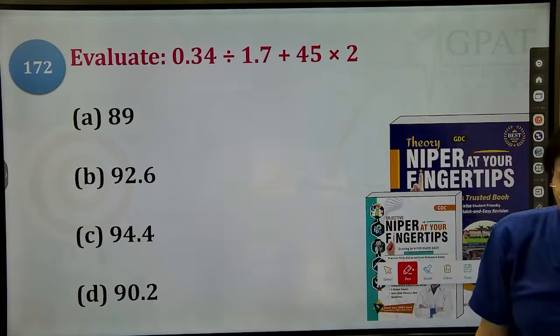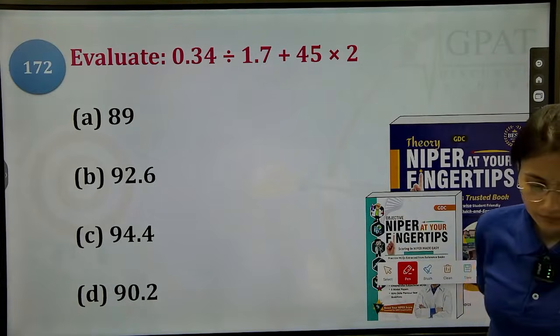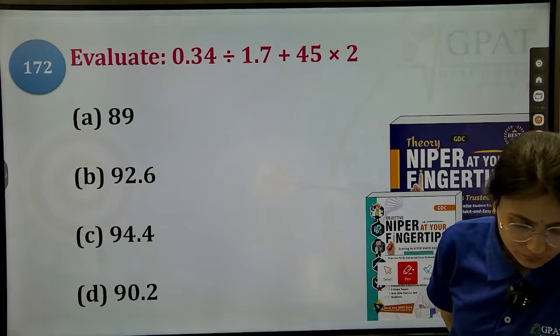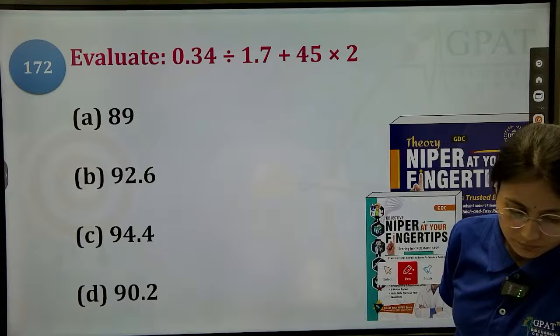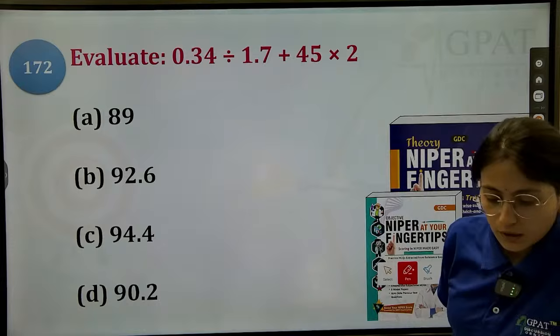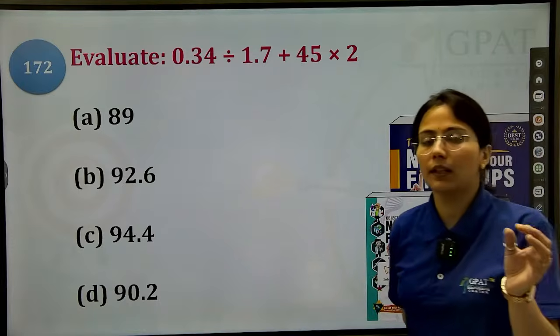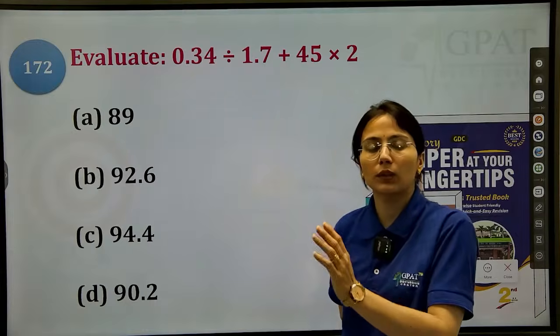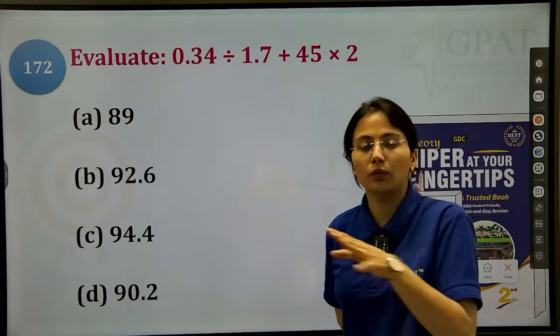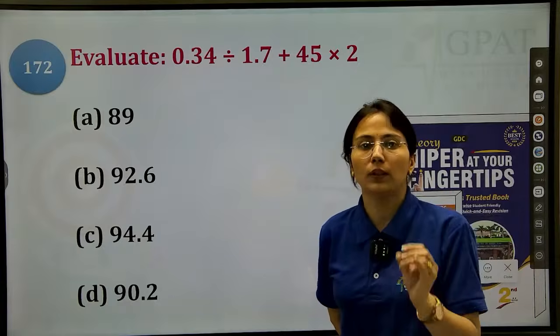You have to solve the given simplification. In the earlier question, the condition was 9x by 7 minus 7x by 9 equals 8 by 21. When you take the LCM, you will get the value of x.